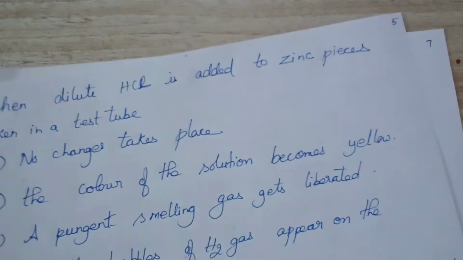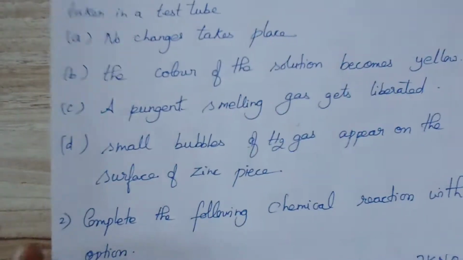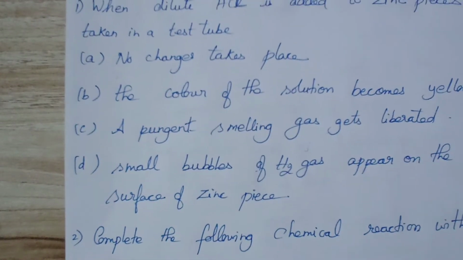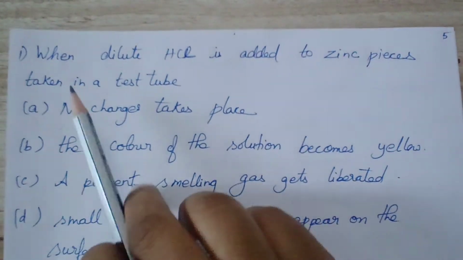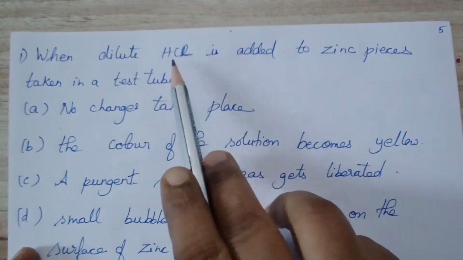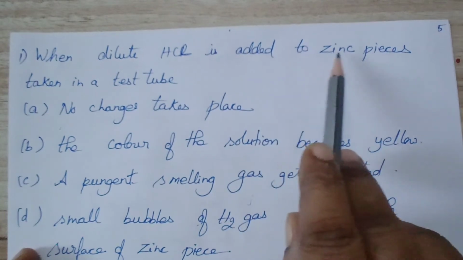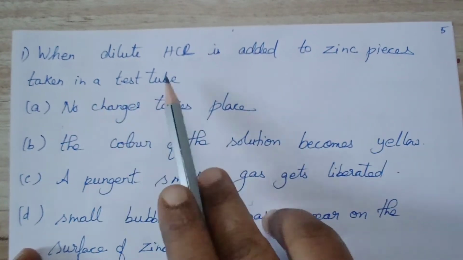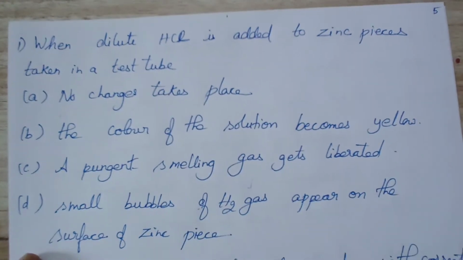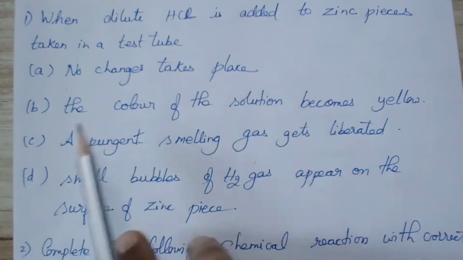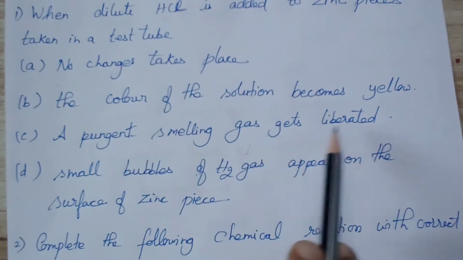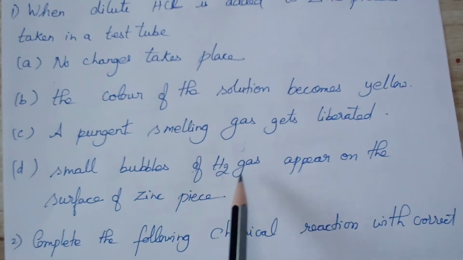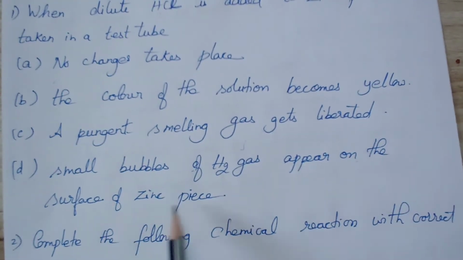So what are the possible questions that can be asked from this introduction part? Only a few questions can be asked. When dilute sulfuric or hydrochloric acid is added to zinc pieces taken in a test tube, what would happen? No changes take place, or the color of the solution becomes yellow, or a pungent smelling gas gets liberated, or small bubbles of hydrogen gas appear on the surface of the zinc.